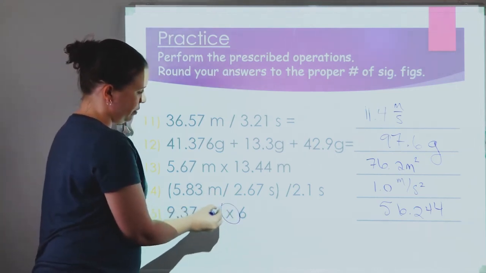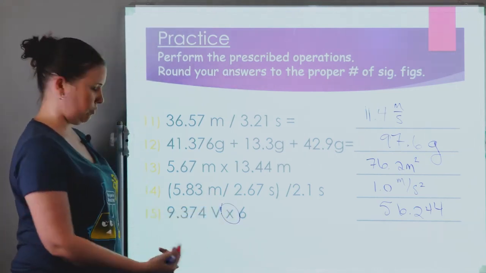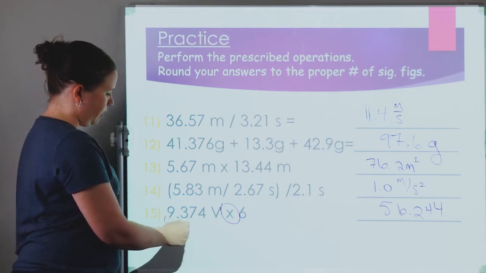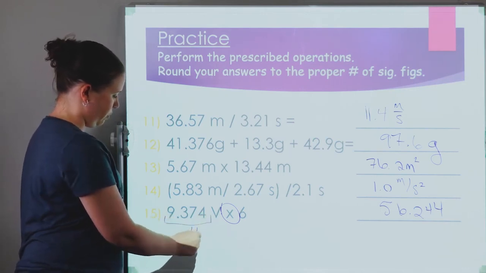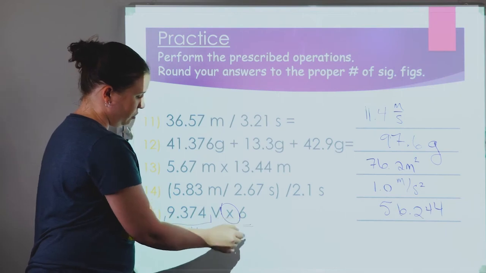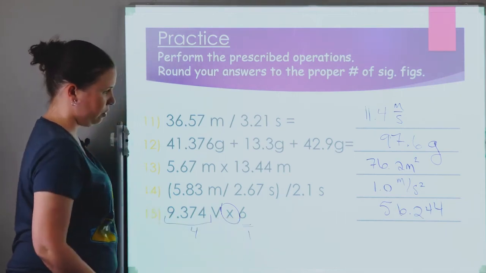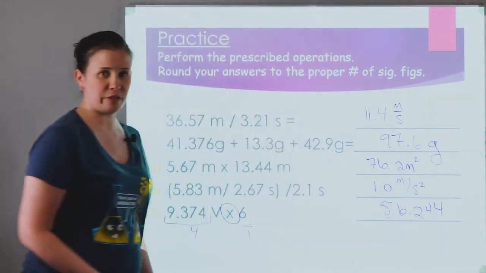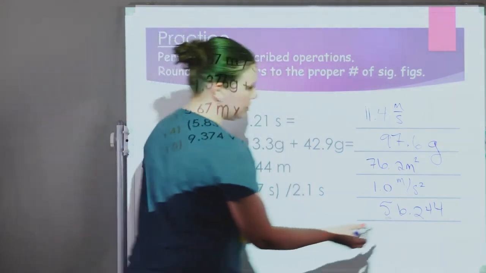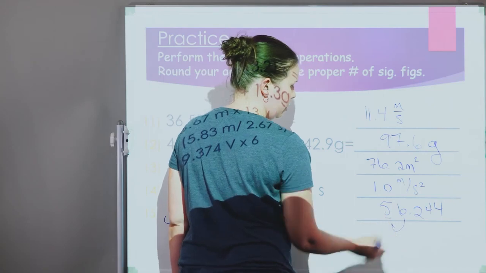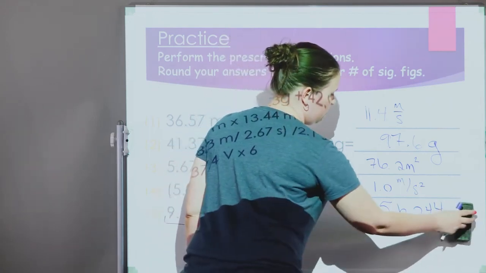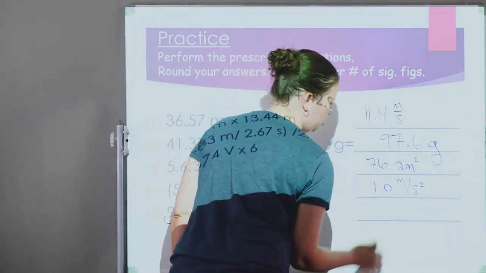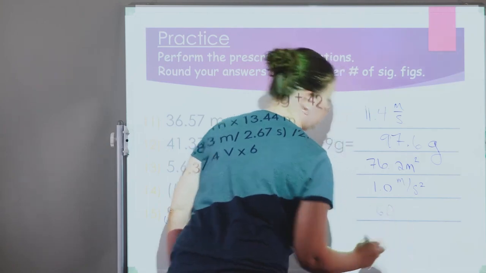So I again see the multiplication, so I want to go by significant figures. In the beginning, I have 4 significant figures. But this last number only has 1 significant figure, which means I'm going to round this all the way to just that 5 position. Now, does the 6 make the 5 round up? Yes, it does. So this 56 is actually going to round up to 60.